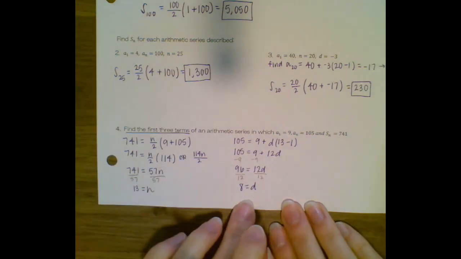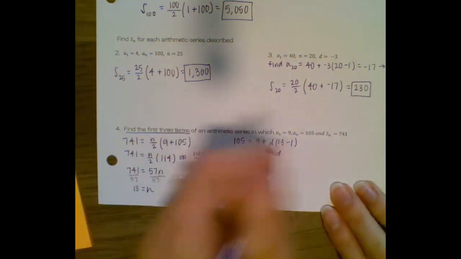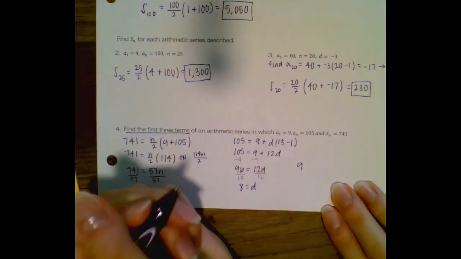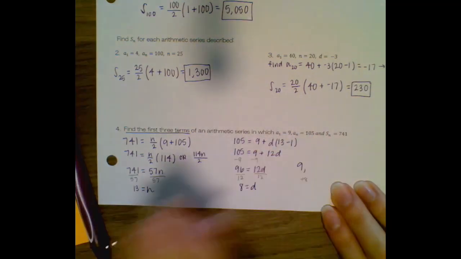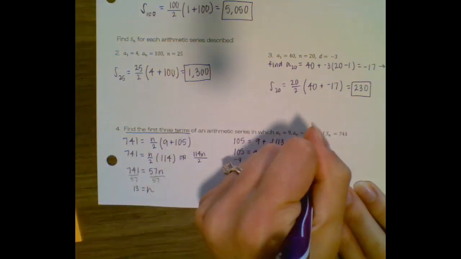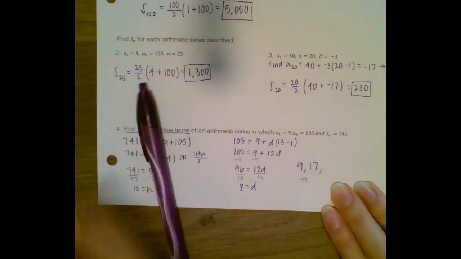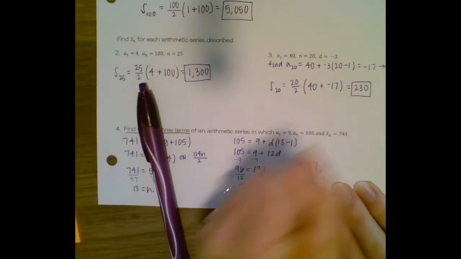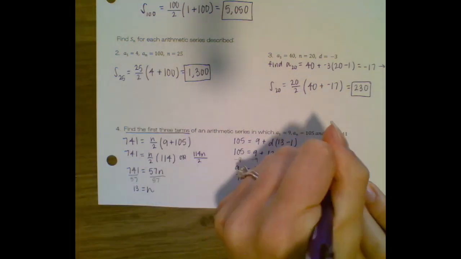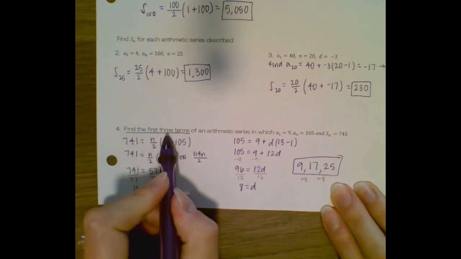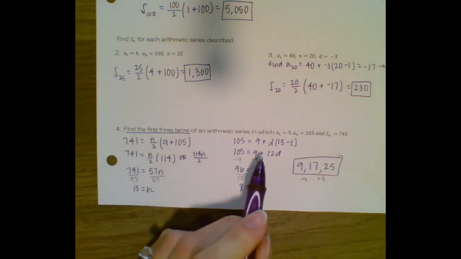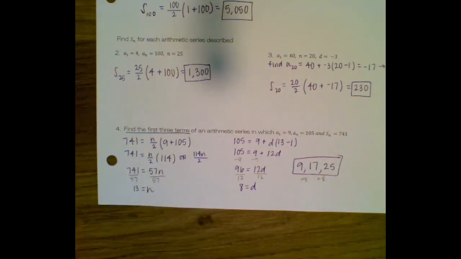So our common difference is 8. So from there, our first term was 9. We know that from the list. And then if I add 8, 9 plus 8 is 17. 17 plus 8 is 25. So these would be the first 3 terms of that arithmetic series. Whew, that was a lot of work. On to the back. We've got a couple more problems here.